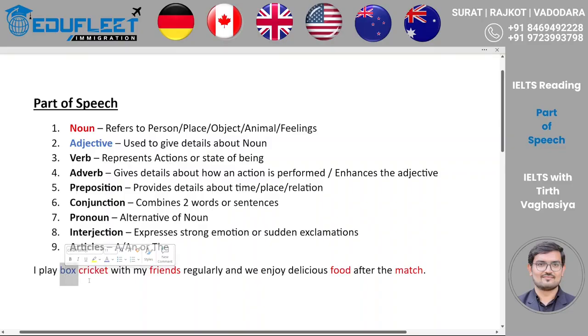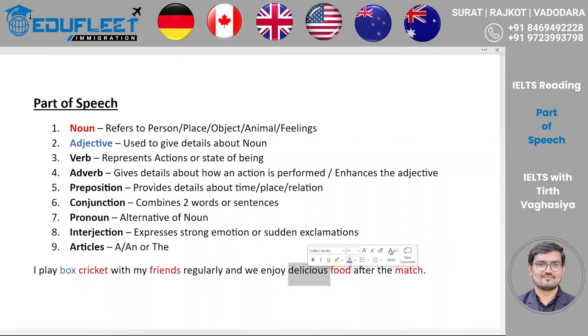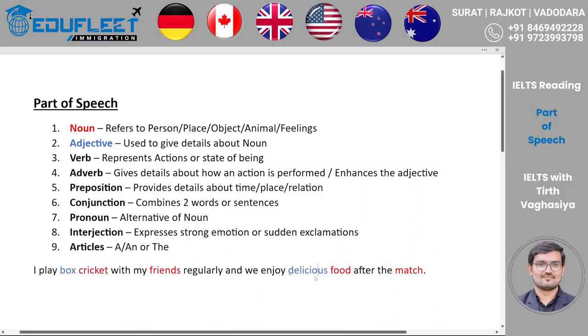So box is my adjective for cricket. Similarly, for food, you have delicious. Delicious means tasty, so that is the adjective for my noun food. So we understood what an adjective is, which describes the noun. Now, if we look at the position of the adjective, it is just near your noun. Most of the time you will find the adjective and noun next to each other.